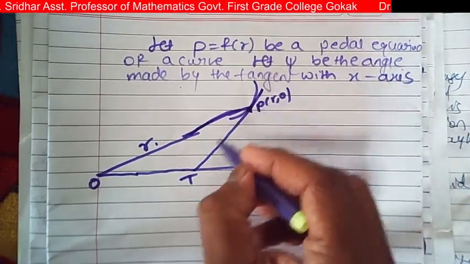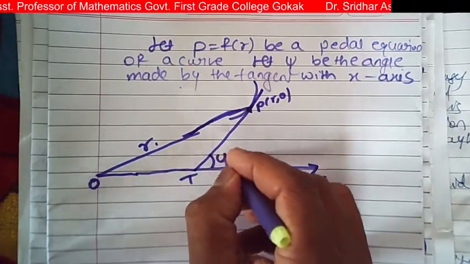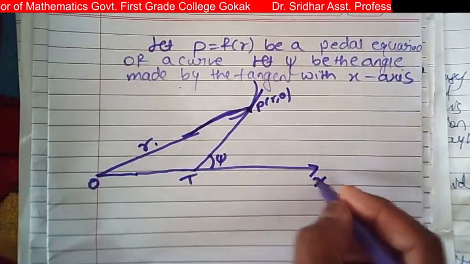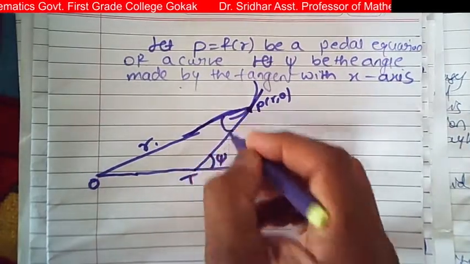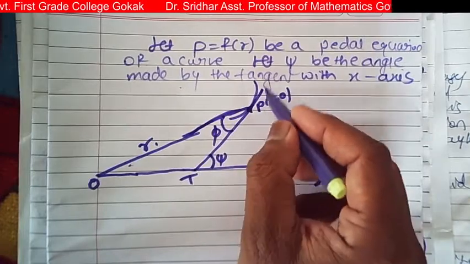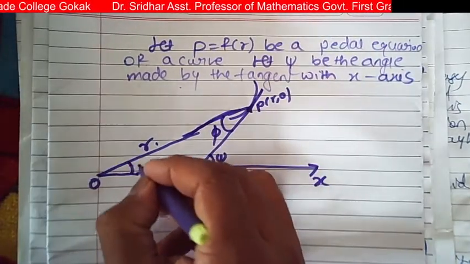Now PT is the tangent, and let psi be the angle made by the tangent PT with the x-axis. This angle between the radius vector and the tangent is phi, and let this angle be theta.